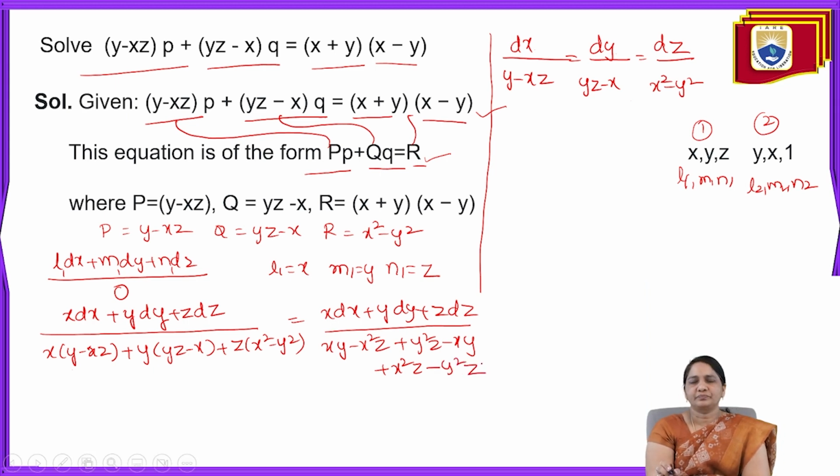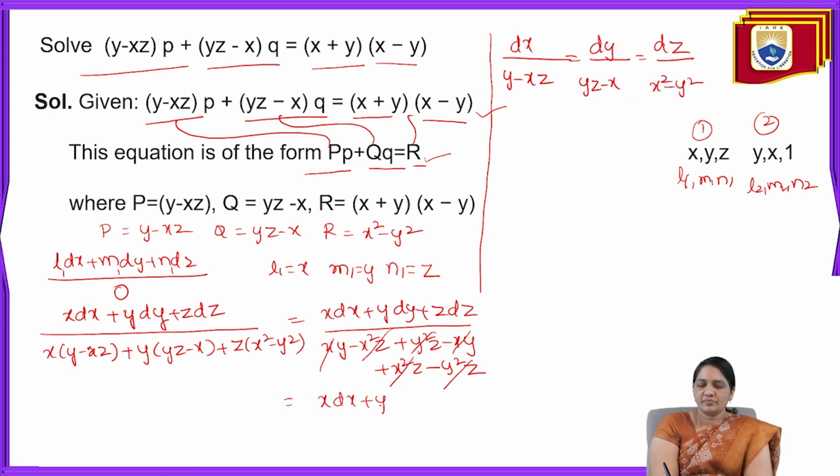Here plus xy minus xy, and y square z and x square z cancel. So here I am getting x dx plus y dy plus z dz by 0. That means the condition is satisfied and x, y, z are the multipliers.